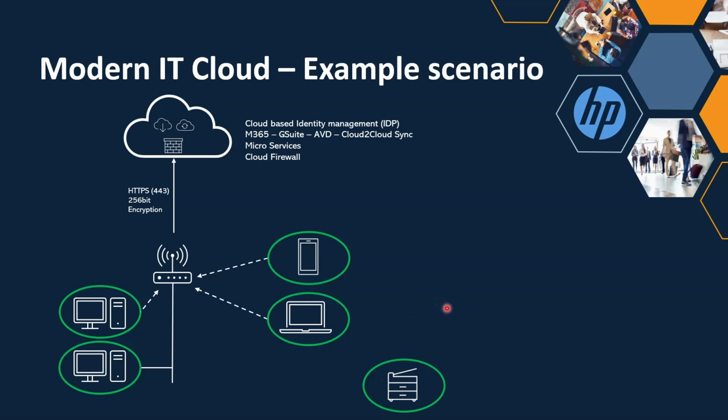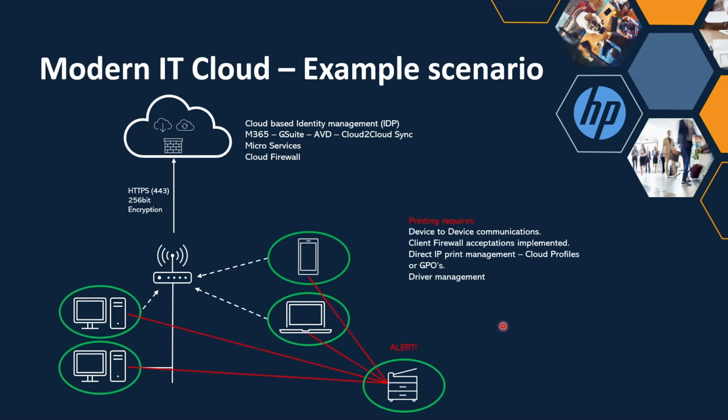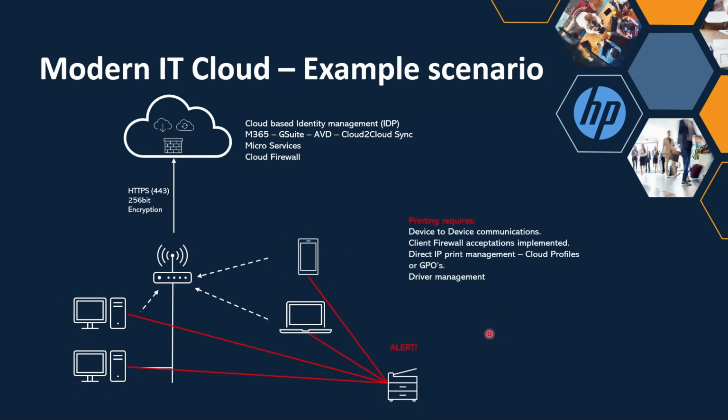And unfortunately, printing has had to negate the modern IT methodology by reintroducing, as we did in the old-fashioned cloud, device-to-device communication lines. This means we are going against the grain of the acceleration into 100% cloud and internet only.